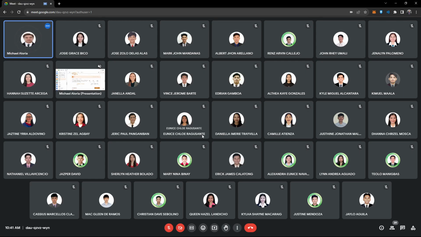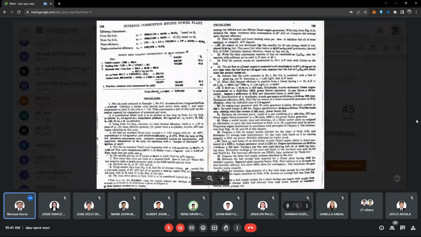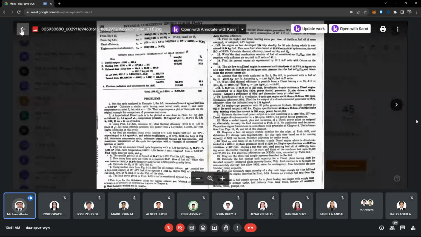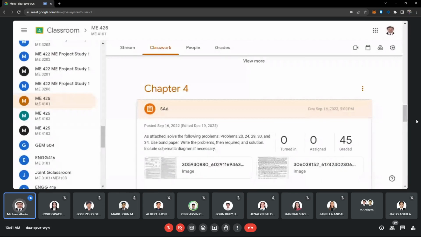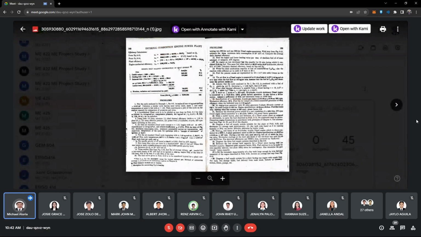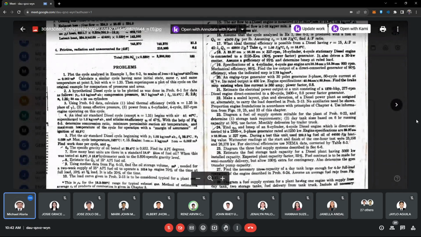Paki-screenshot ninyo ito. Hintay muna, ano ko muna yung direction. Pakikopya 20, 24, 29, 30, 34. Paki-screenshot 20, 24.